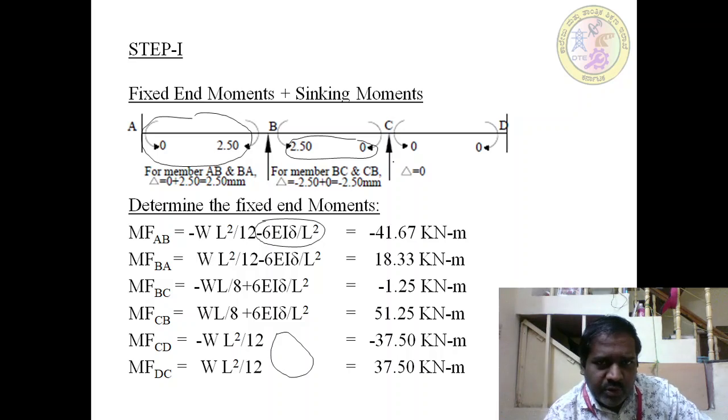This procedure, you have to draw this figure in the exam or in practice. This figure is very important. By using this figure, you will get the delta values very easily.